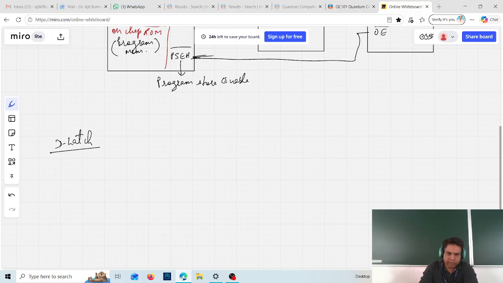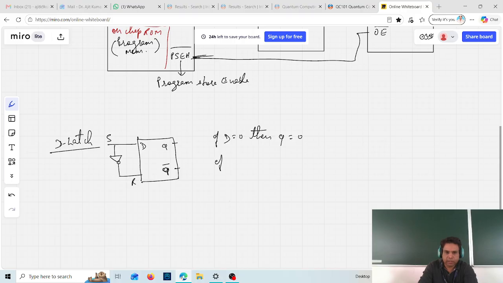The D latch can be prepared from the SR latch, when we connect S and R together through a NAND gate, then it becomes your D latch. The input pin is called D. Here Q is the output, so if D is 0, then the latch output will be 0, and if D is 1, then the latch output will be 1.